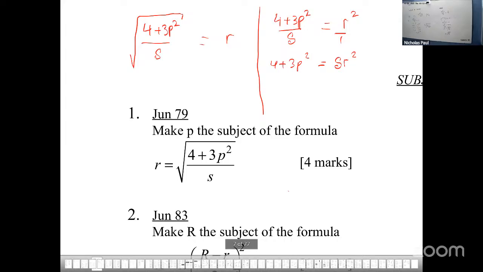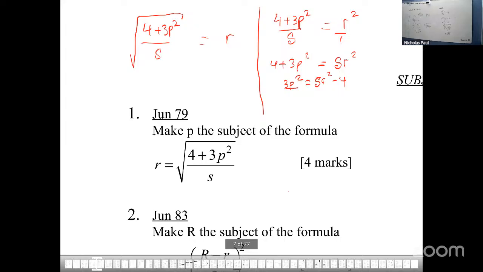Right, the 4, nice. If you carry across the 4, it becomes minus 4. What's the next step? Samira, what are you moving next? You have 3p squared is equal to the right hand side there. Moving the 3, nice.